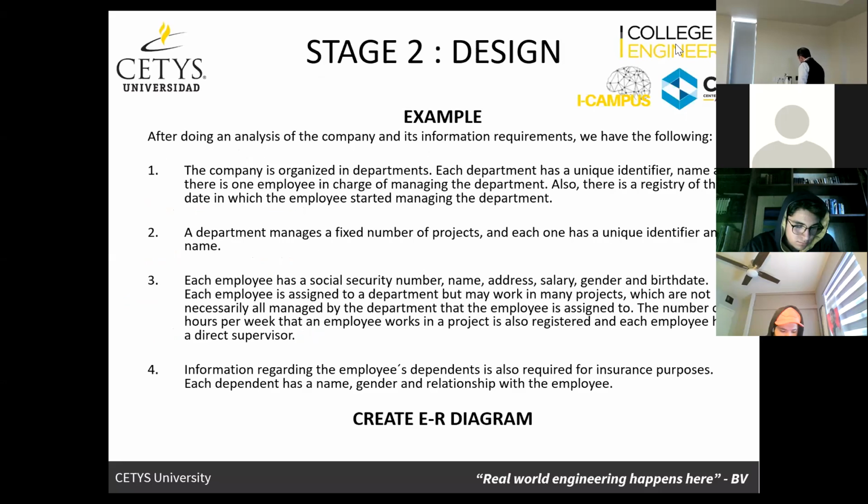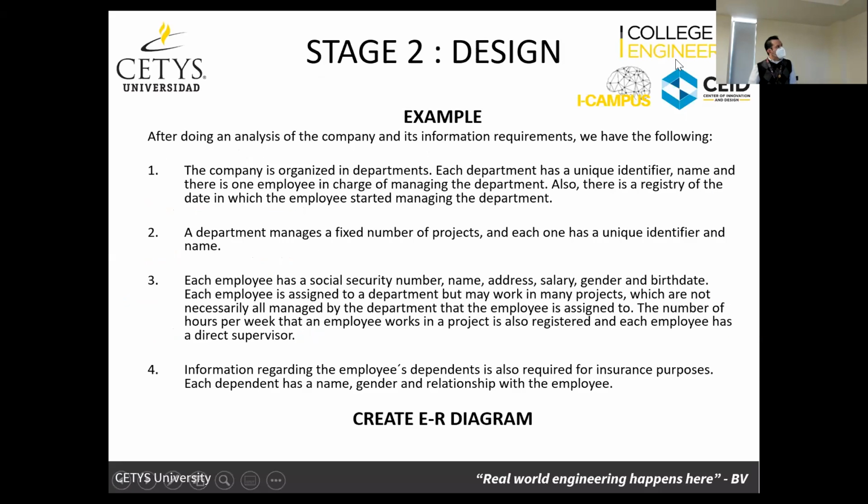The company is organized in departments. Each department manages projects. We've identified employees and the dependents. So for now, those four entities would be enough for what we're thinking.